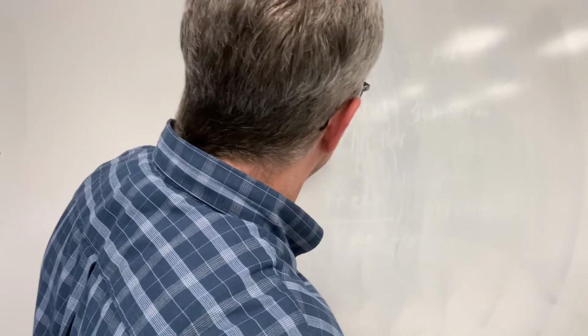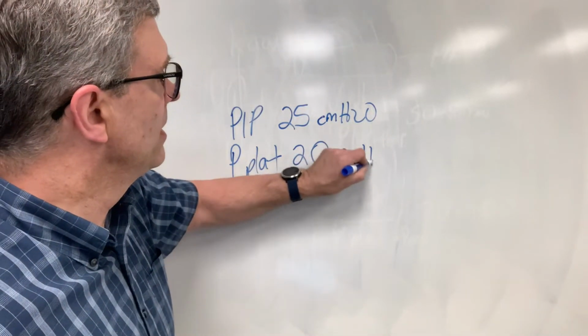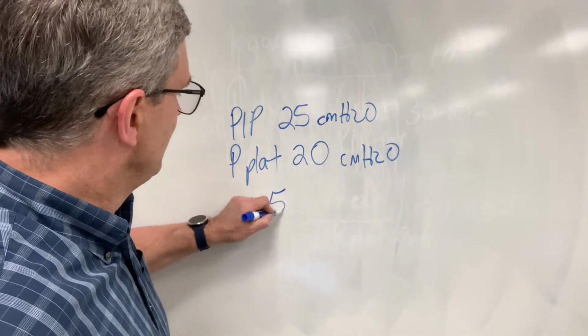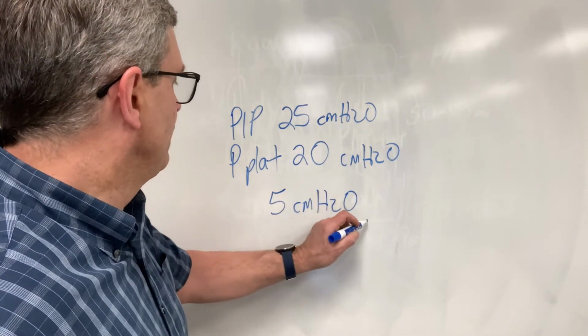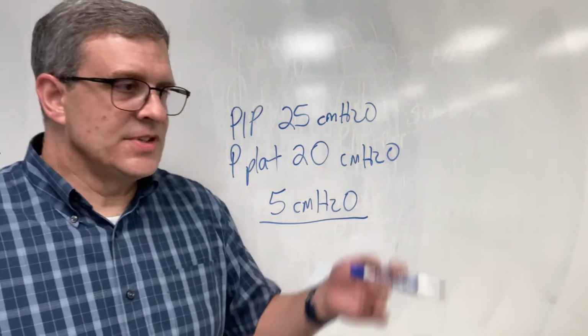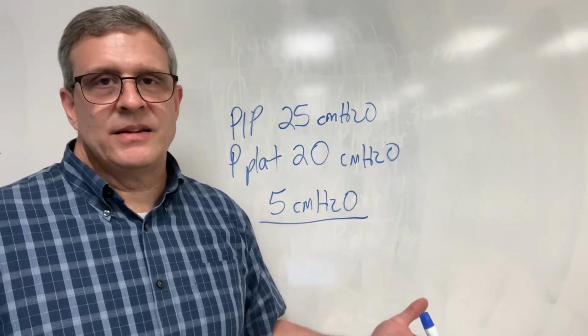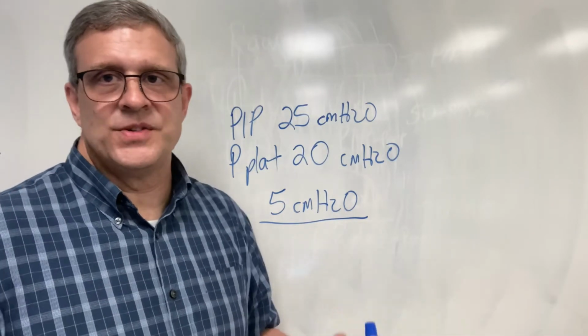So these are centimeters of water. So now we have a difference of 5 centimeters of water pressure and flow. Let's just say, just to make something mathematically easy, let's say the inspiratory flow is 60 liters a minute.